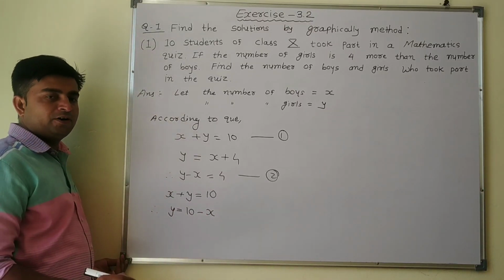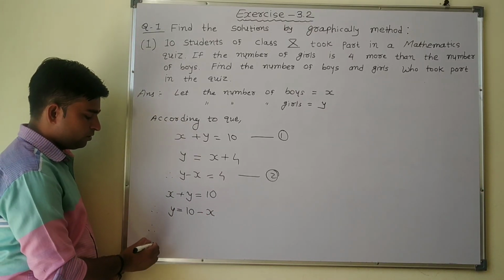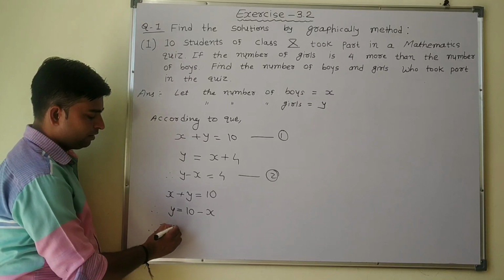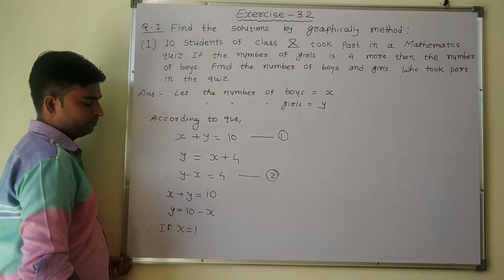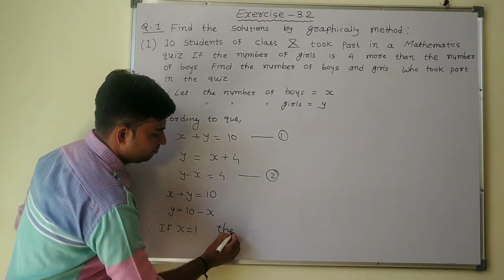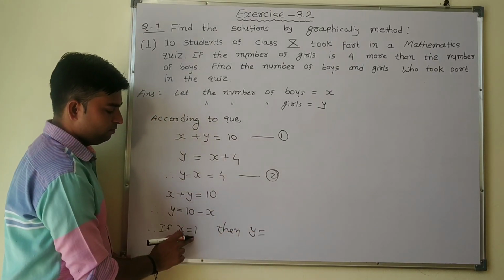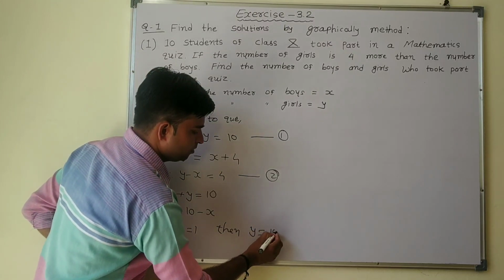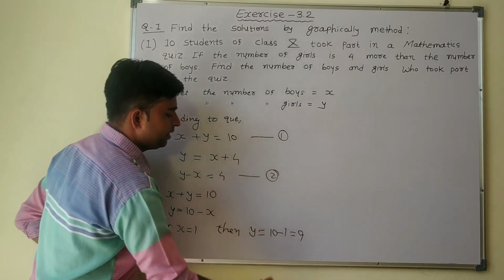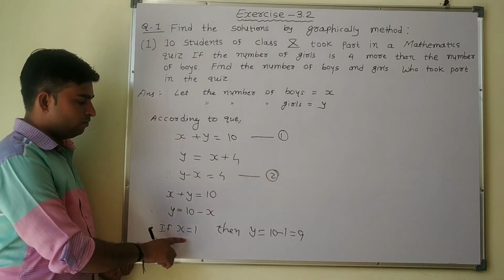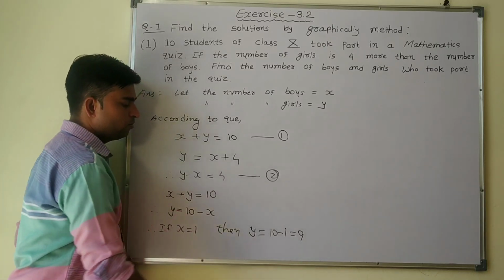Now we take different values of x. If x equal to 1, then y is equal to 10 minus x, the value of x being 1, so y is equal to 9. If we take x equal to 1, then we get y is equal to 9.